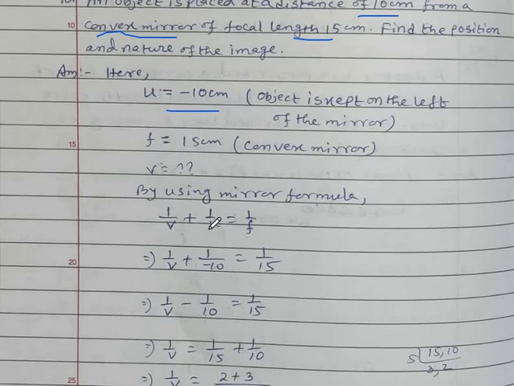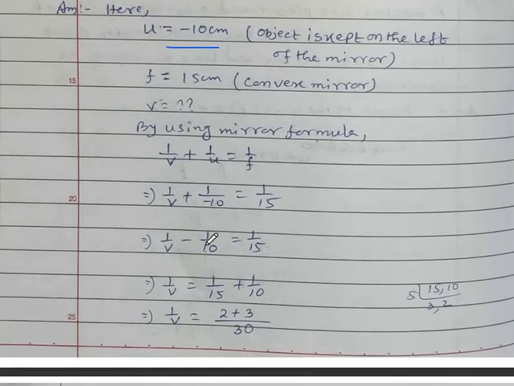By using the mirror formula, 1 by v plus 1 by u equals 1 by f. 1 by v plus 1 by u, which is minus 10, equals 1 by 15. Plus minus minus, so 1 by v minus 1 by 10 equals 1 by 15. The number you can send to that side, minus will be plus.